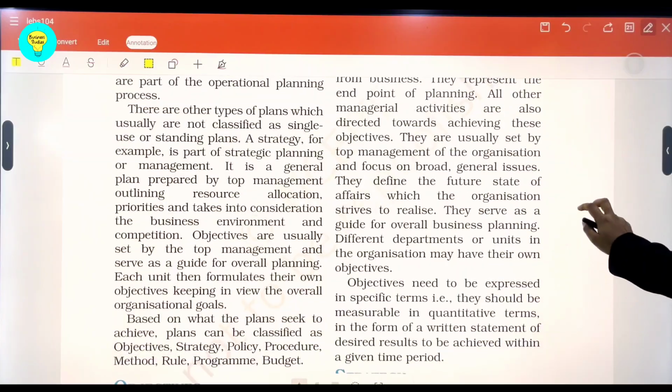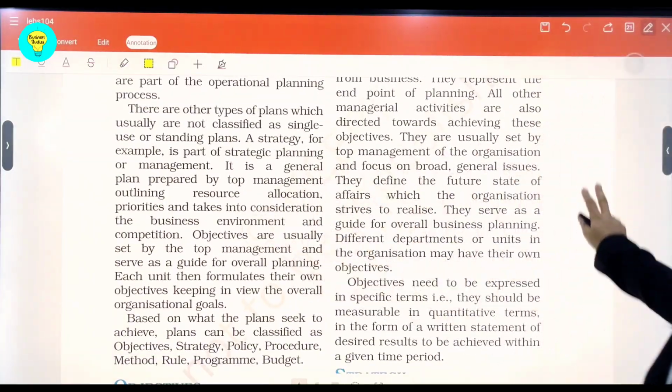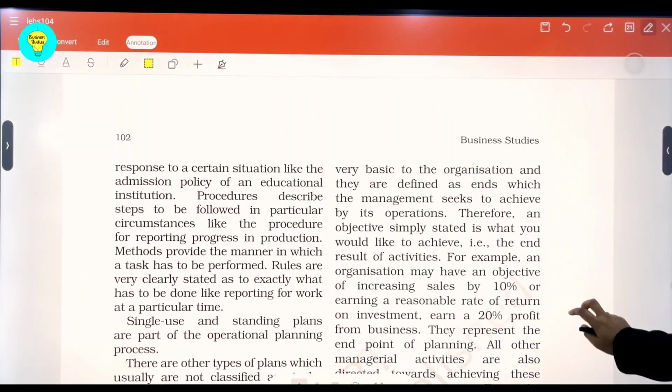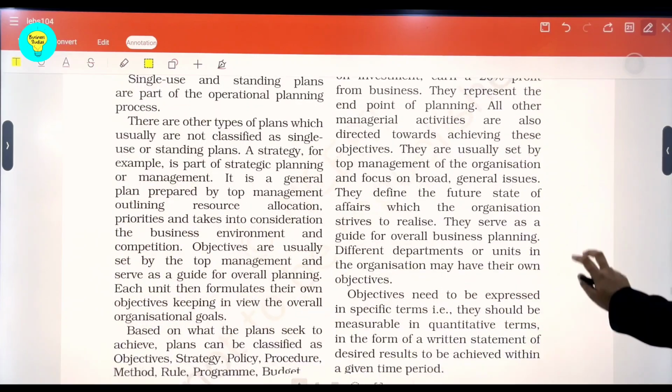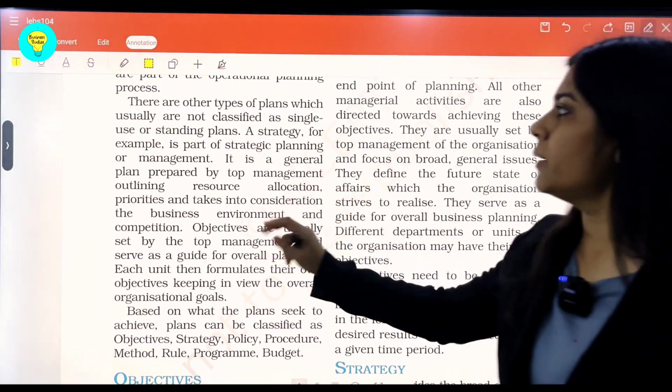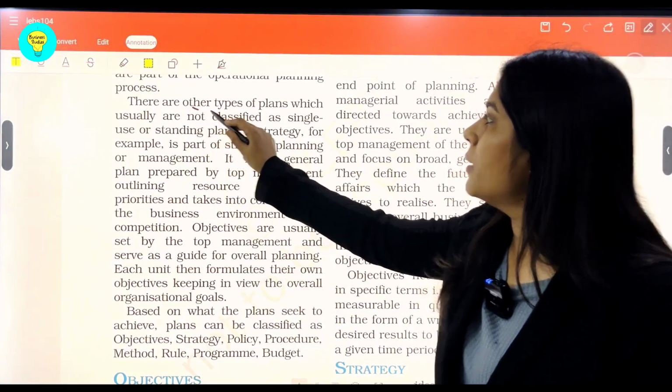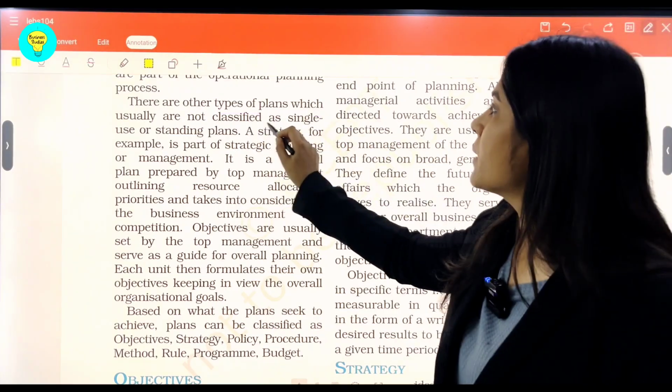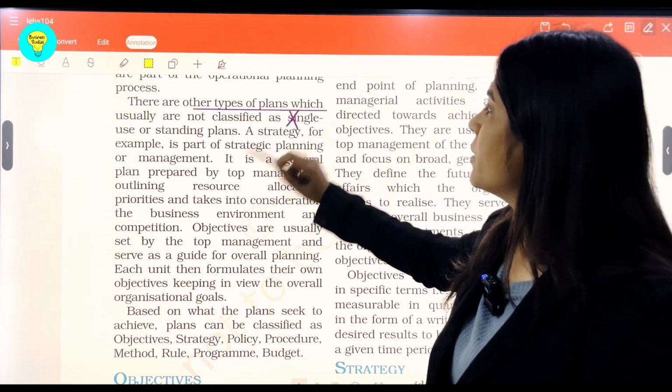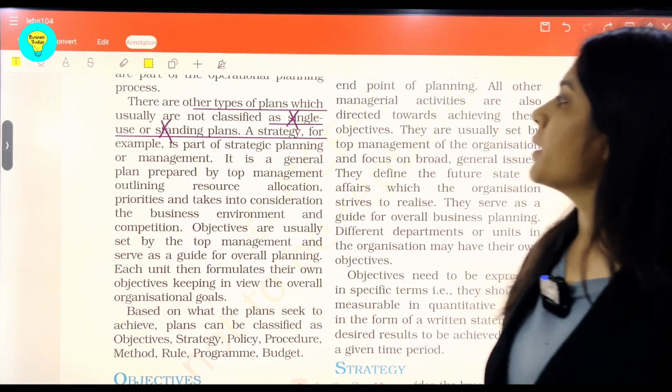And then students, this paragraph on page number 102 of NCERT, the last paragraph under types of plan, they have clearly mentioned that there are a few other plans which neither can be classified as single use nor can they be standing plans.